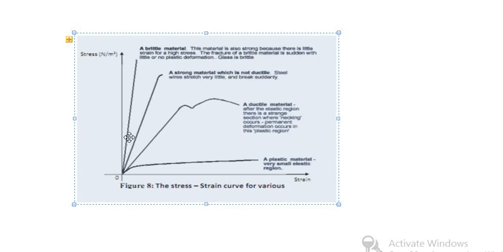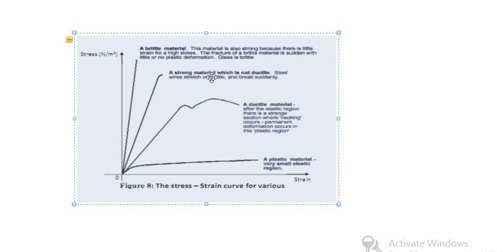What we mean by this is, when you apply a force on a brittle material, for instance chalk or wood, it will immediately break when you apply a large amount of force, without increasing the extension or extending. So that is a brittle material, any material that exhibits little or no yielding. Then the next is what we call a strong material.